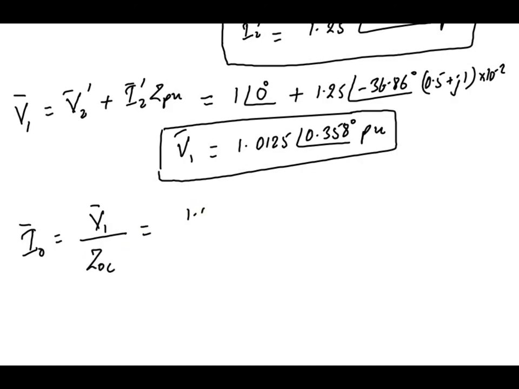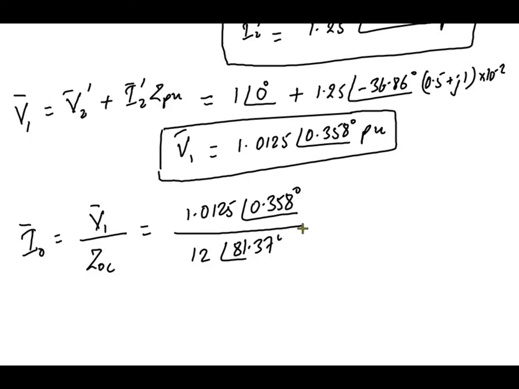V1 is 1.0125 angle 0.358 degree divided by ZOC, which is 12 angle 81.37 degree. So it will be around 0.08438 angle minus 81.02 degree.